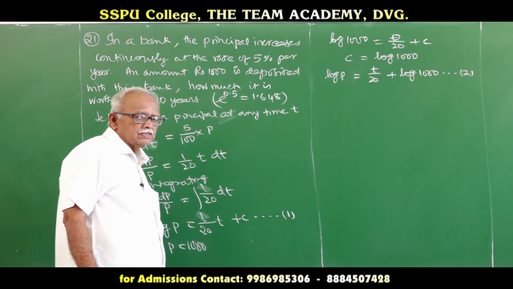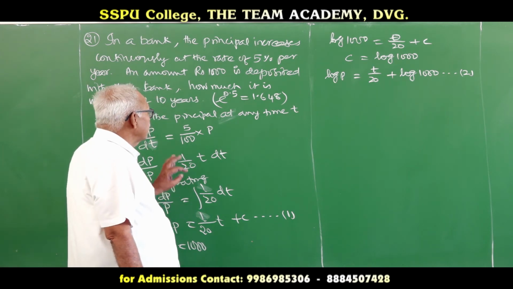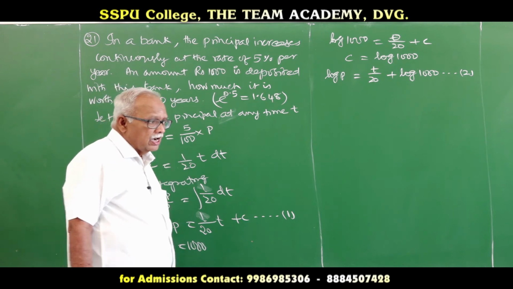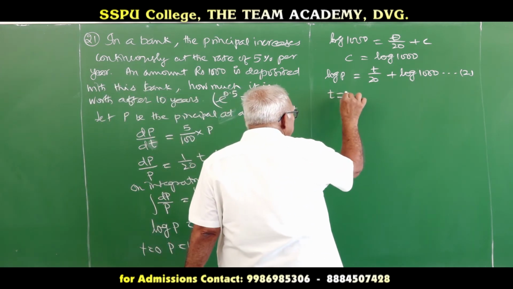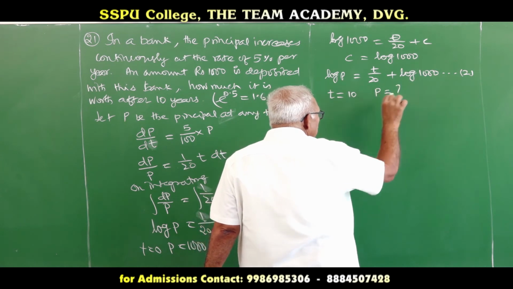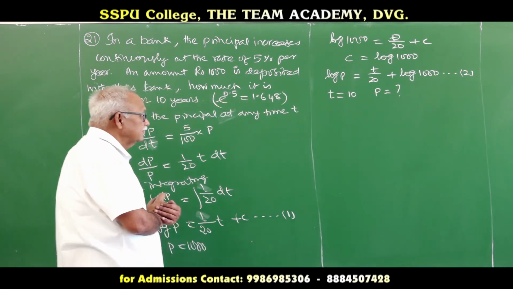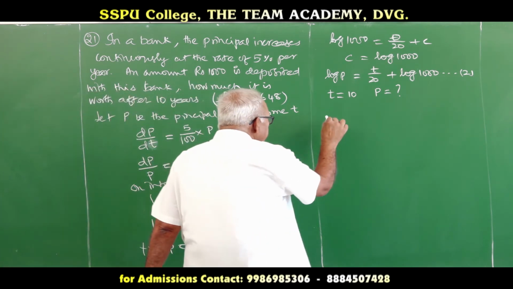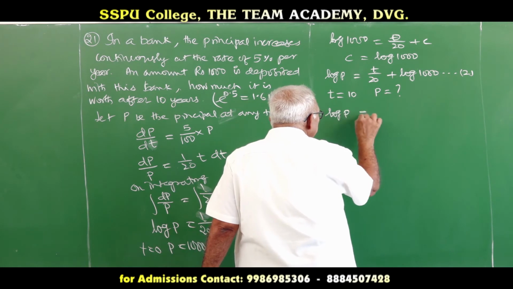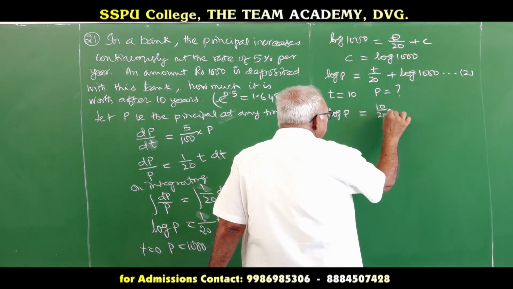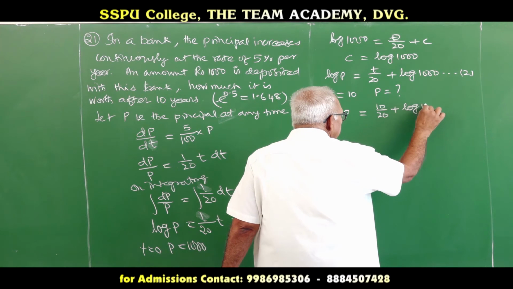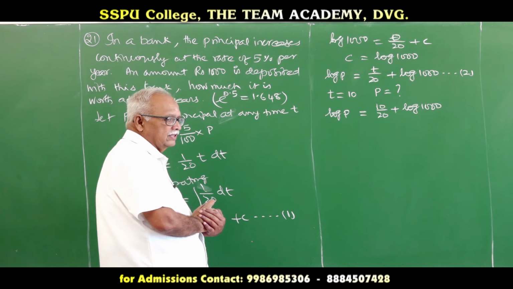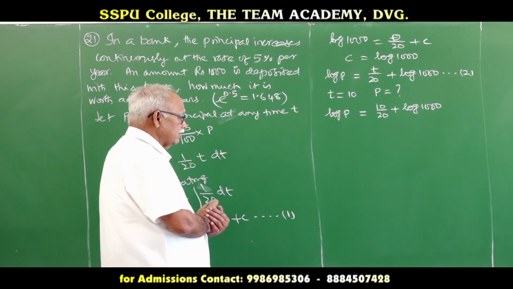Now, after this, we have to use the second condition: after 10 years, what will be the amount? t is equal to 10, P is equal to what? So, log P is equal to 10 by 20 plus log 1000.